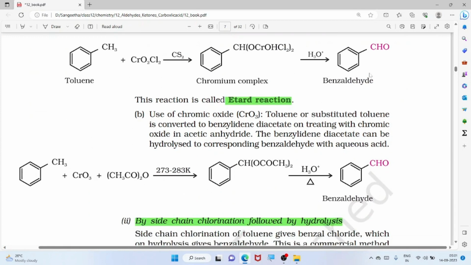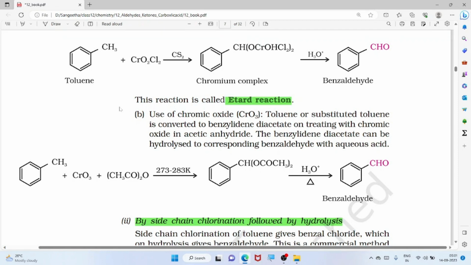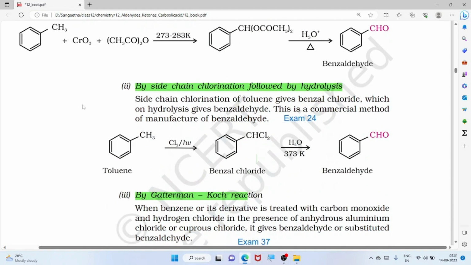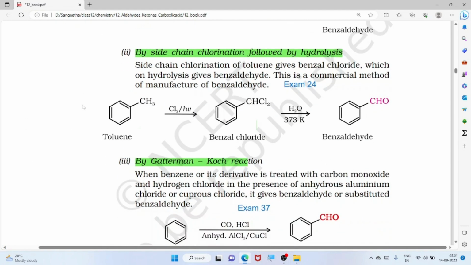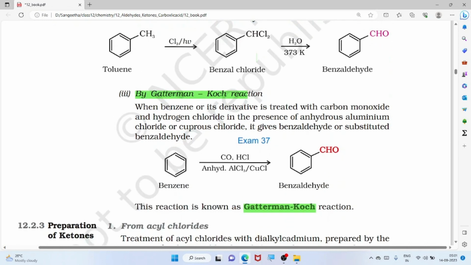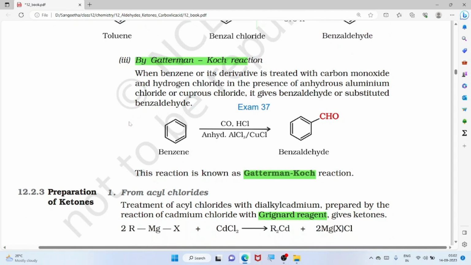Third reaction, formation of the aldehyde benzaldehyde from toluene, how benzaldehyde is formed by this reaction. Here also benzaldehyde: Gattermann-Koch reaction for the aldehyde.